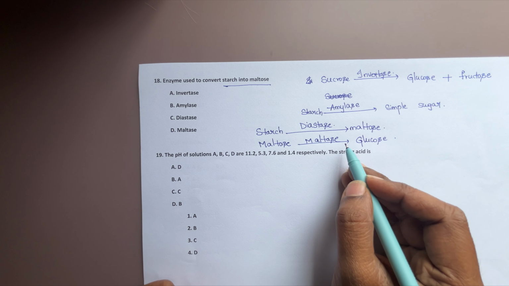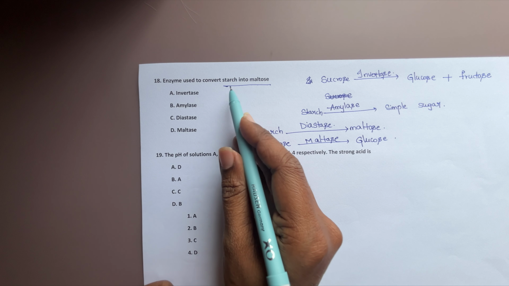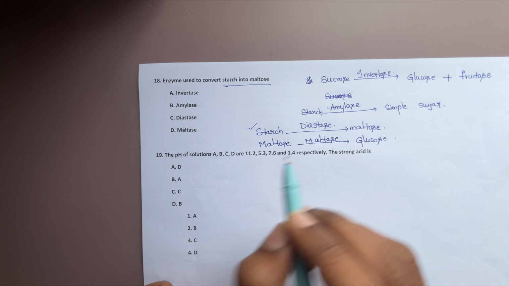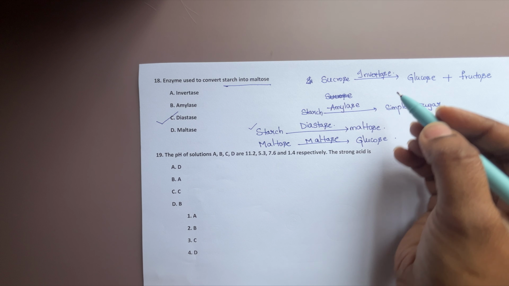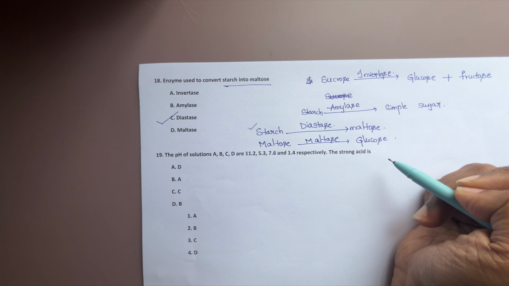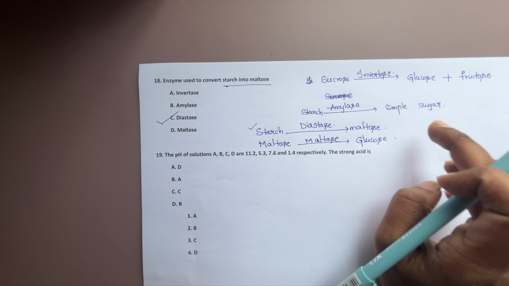These are all enzymes, but of different categories. So starch converted into maltose is nothing but diastase. So the answer is diastase. The remaining are also very important. In the presence of invertase, sucrose is converted into glucose and fructose. Likewise, this concept is very important.